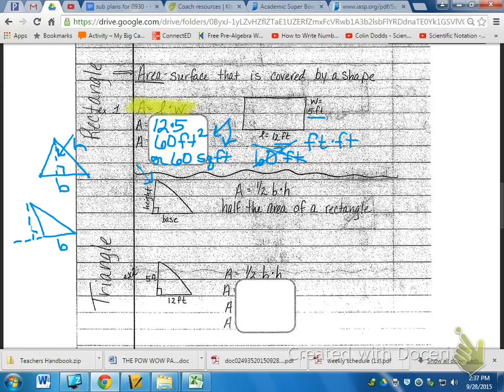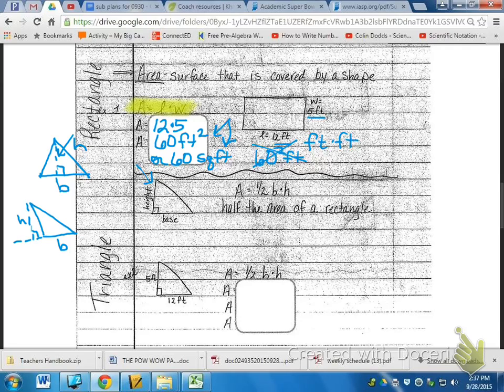This would be the height, and it would not even be inside the triangle. So you have three different things you could be concerned with. If it's a right triangle, it's actually the sides, acute, one of the sides and the height inside of it, and then obtuse, one of the sides and a height outside of it.